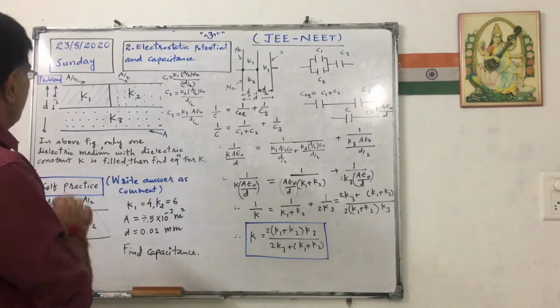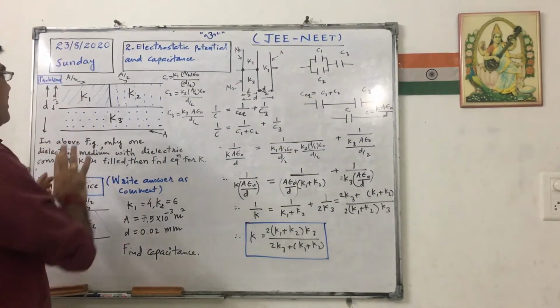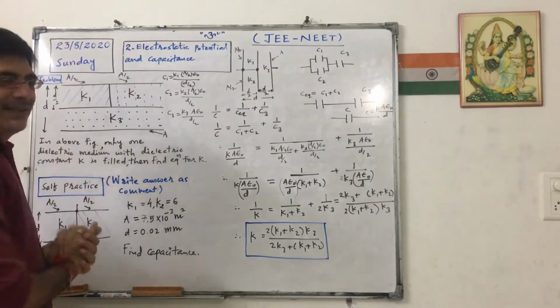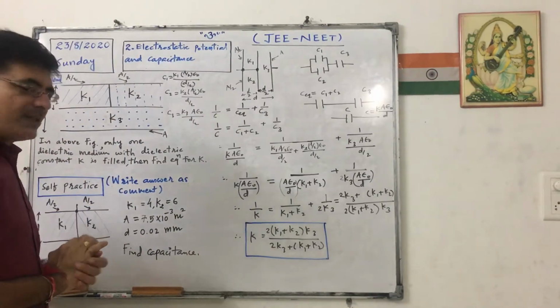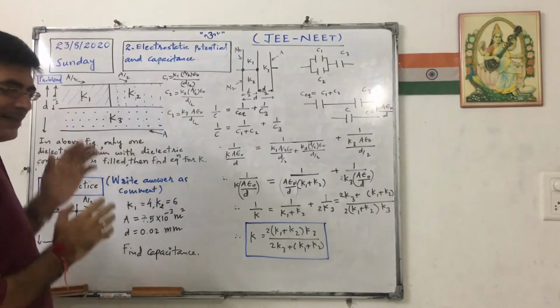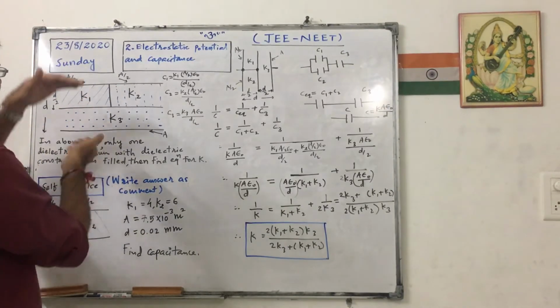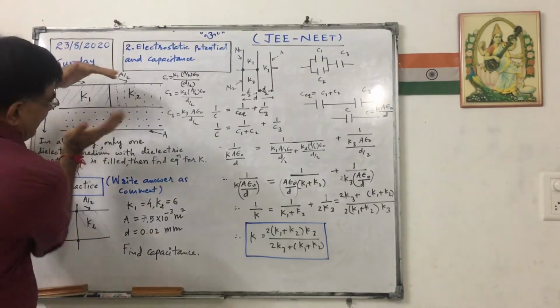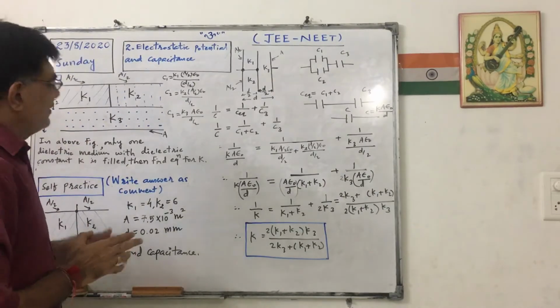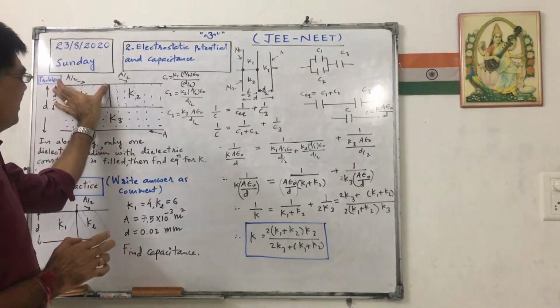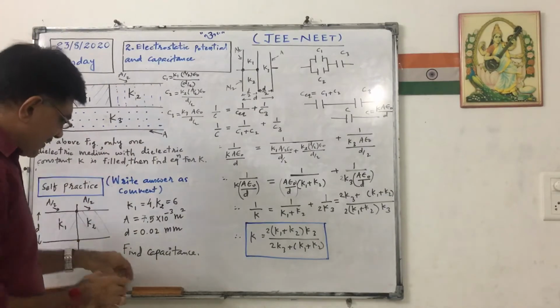There are three media, K1, K2 and K3, having dielectric constants K1, K2 and K3, filled between two plates of a parallel plate capacitor in such a manner that this area is A by 2, and this area is A by 2.